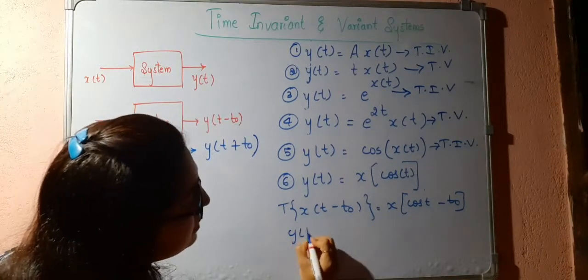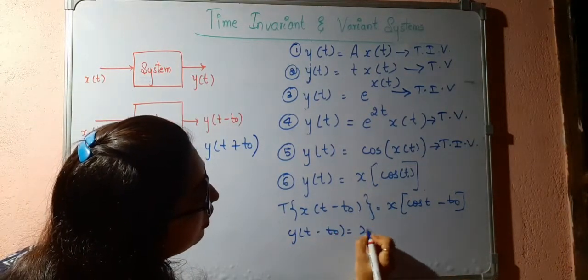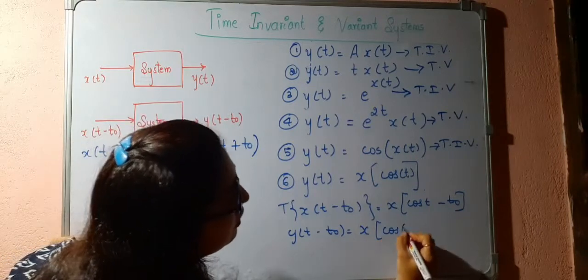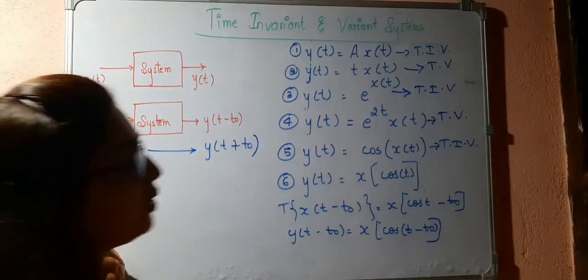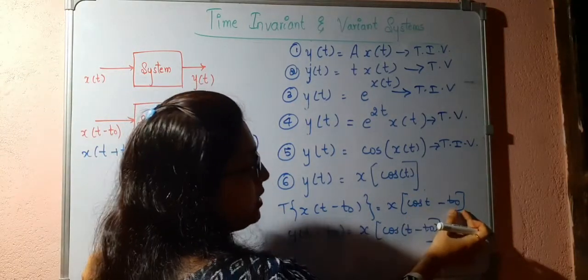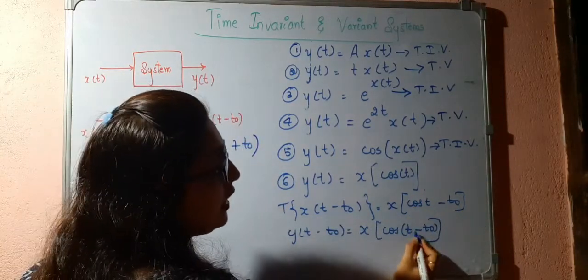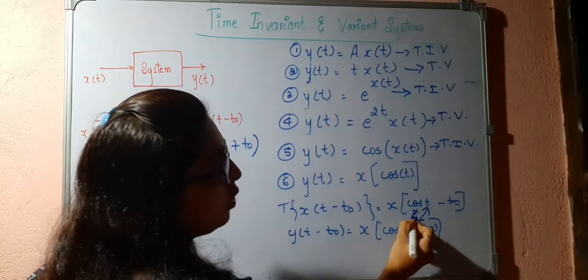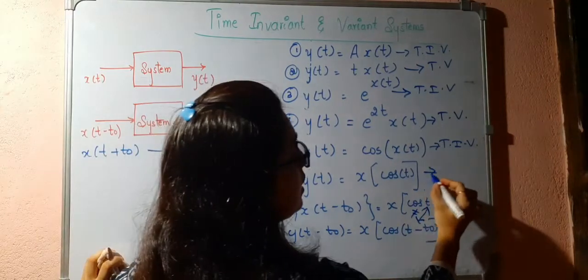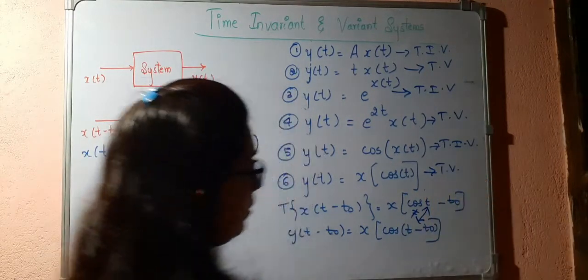But if I am passing the output through the delay, in this case, this t will be replaced by t minus t naught. So you can see here cos of t minus t naught, and there t will be replaced by t minus t naught. So these both are not equal. So this is a time variant system.